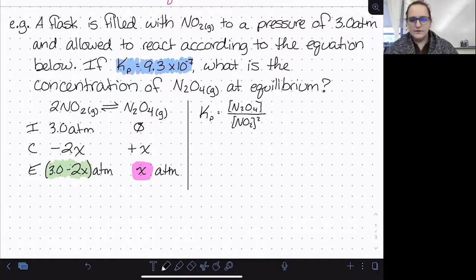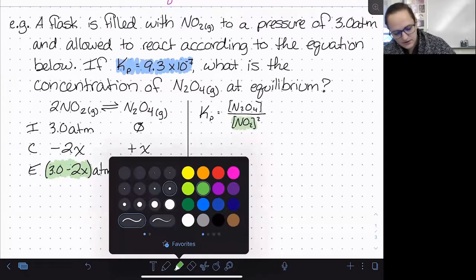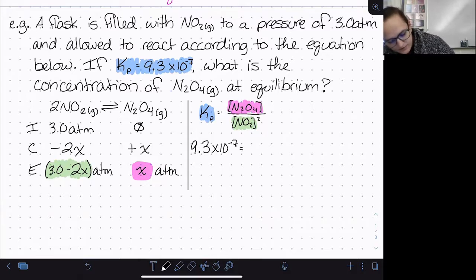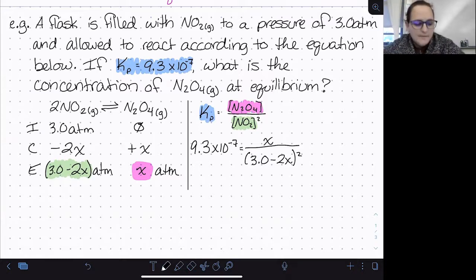So if we plug all of these things into our equilibrium expression, that expression is equal to the value of K. So we have 9.3 times 10 to the minus 7th is equal to x on the top, over 3 minus 2x squared on the bottom.